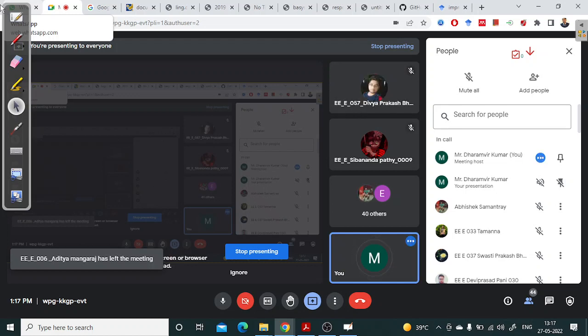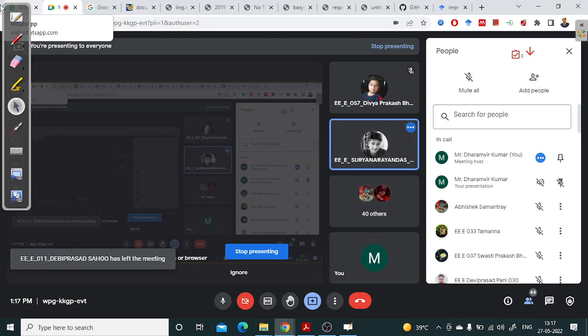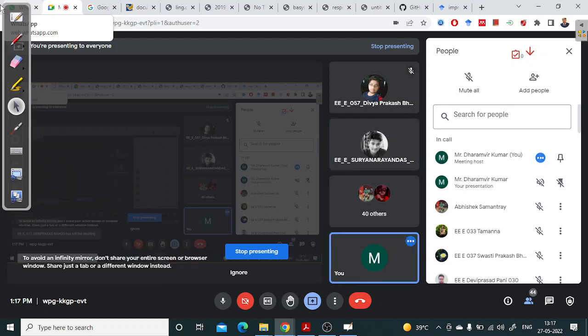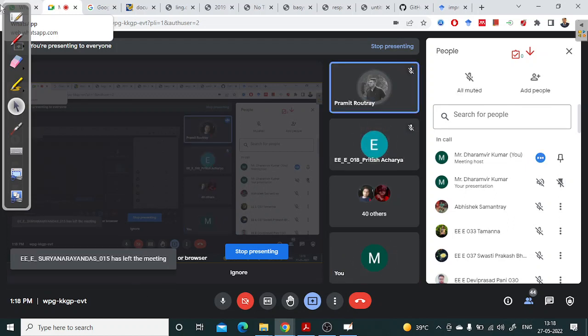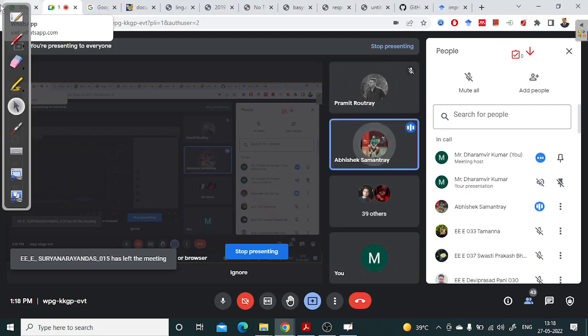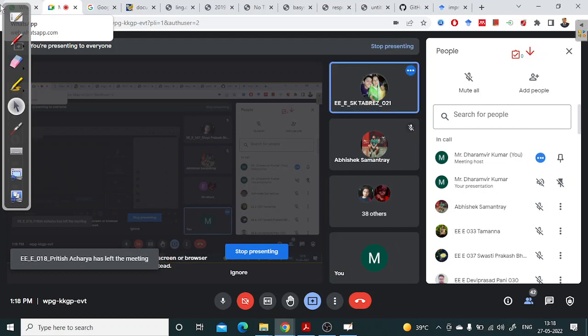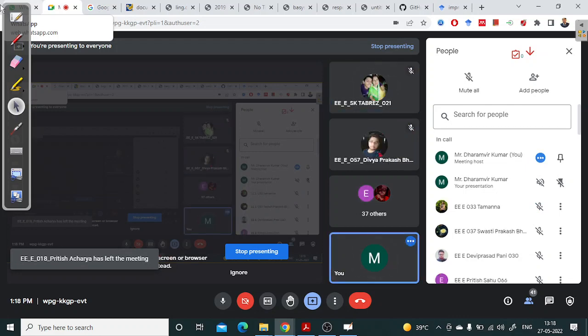Sir, 15 present. Okay, 15 present. Roll number 16, Vaibhav, absent. Roll number 17, absent. Roll number 18, present, sir. Roll number 19, present, sir. Roll number 20, present, sir. 21, present, sir. Roll number 23, present, sir. Roll number 24, present, sir. Roll number 26, present, sir. Roll number 27, present, sir.